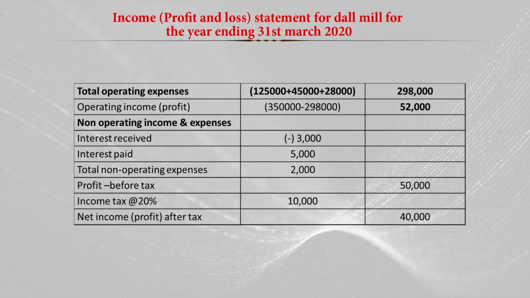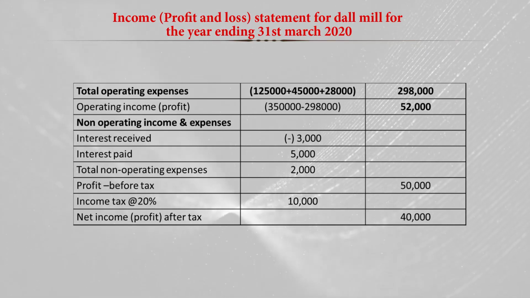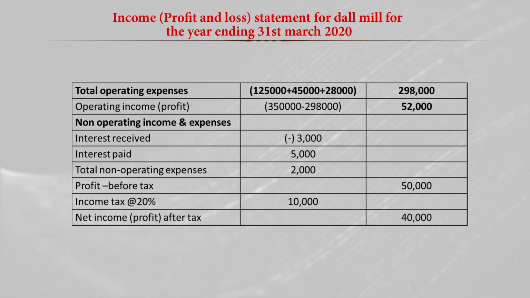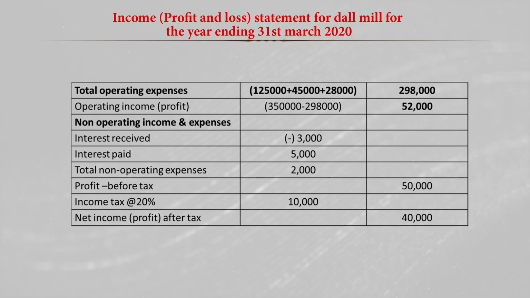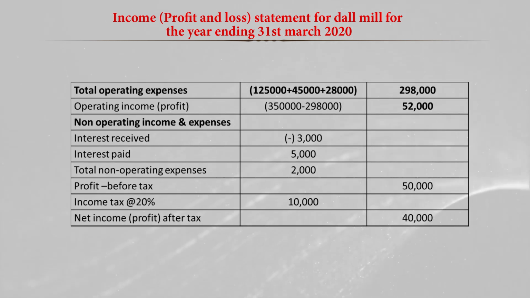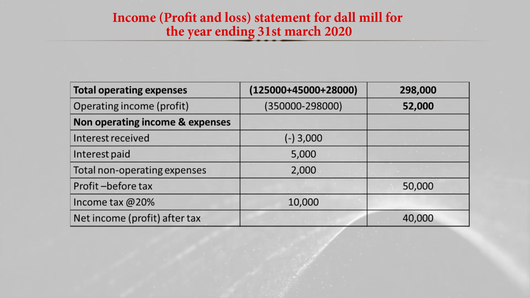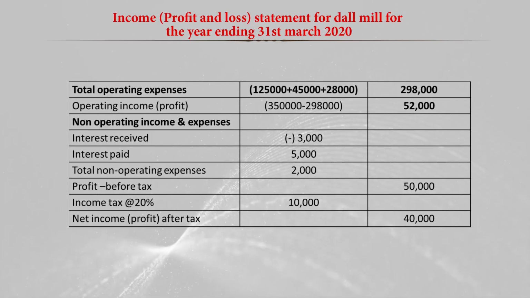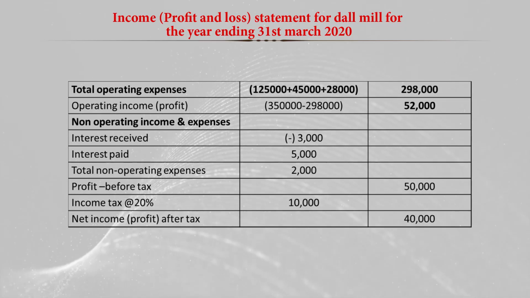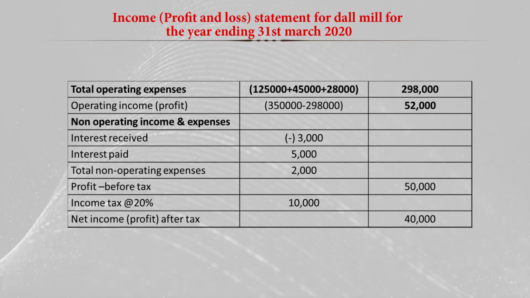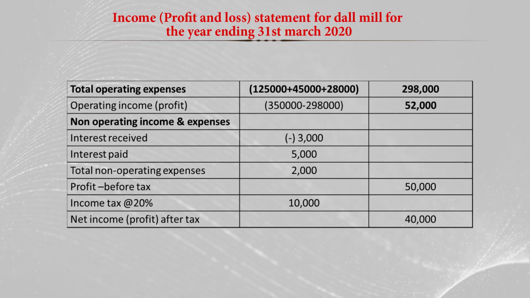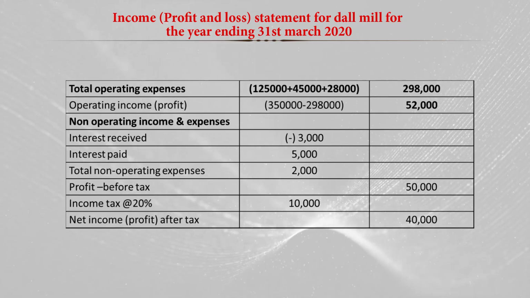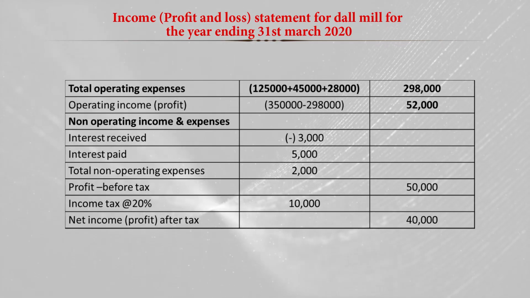Suppose we have the income tax at the rate of 20%. So 10,000 is the income tax payment. So net income after tax comes to 40,000. So 40,000 is the profit figure. From these figures, we can judge the performance of a firm. So in the case of the dal mill, we can say the business is in a profitable condition, and there is positive income for the dal mill.